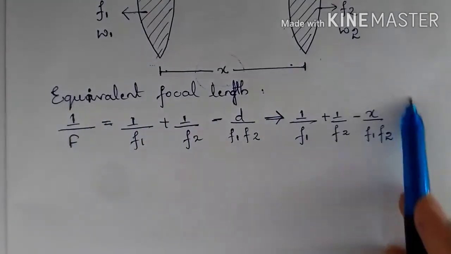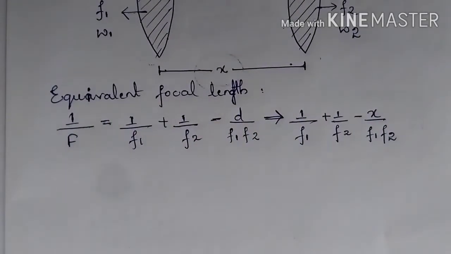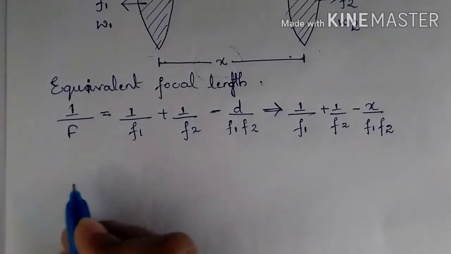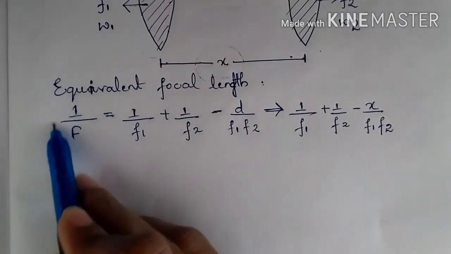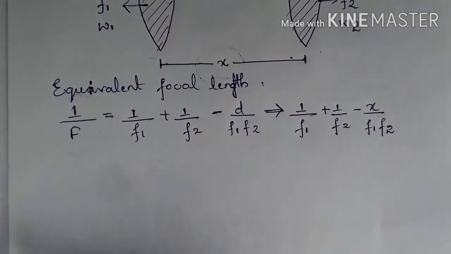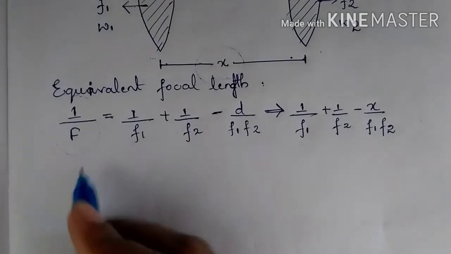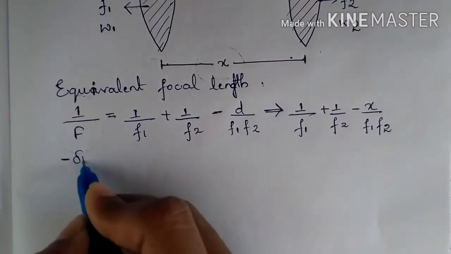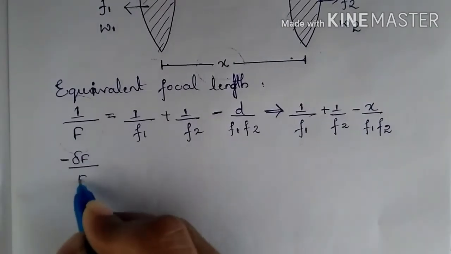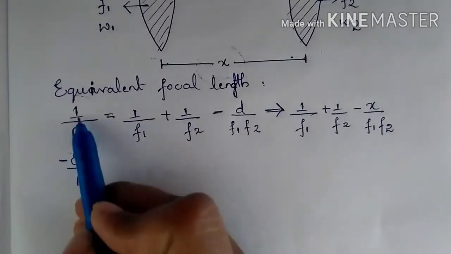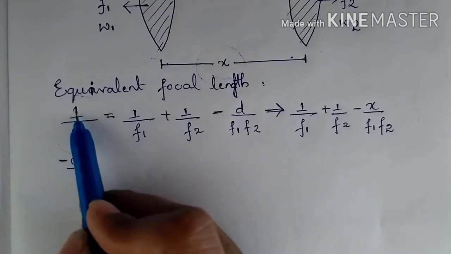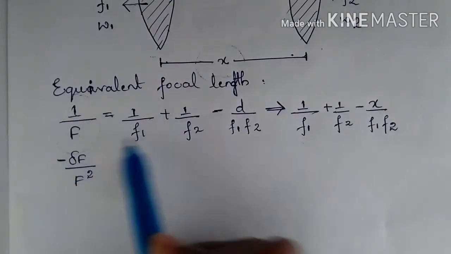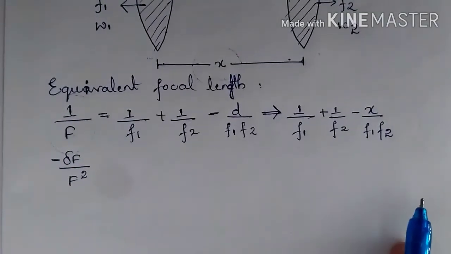1 by f is equal to 1 by f1 plus 1 by f2 minus x by f1 f2. If you differentiate 1 by f, here partial differentiation gives minus delta f by f square, because differentiation of 1 by x is minus 1 by x square.